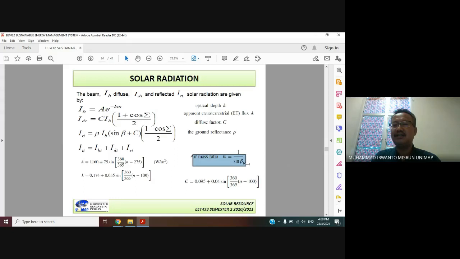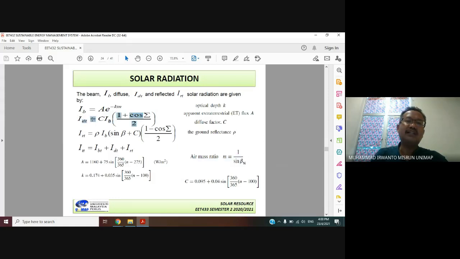Beta n here is the altitude angle. This altitude angle is the angle formed if we draw one line from the center of the sun to an object on the surface of the earth. This one we call the altitude angle.